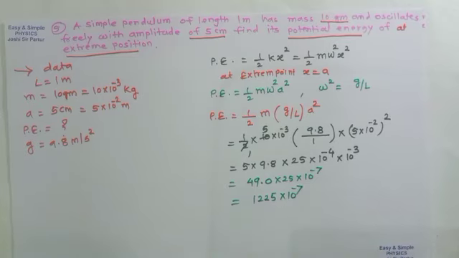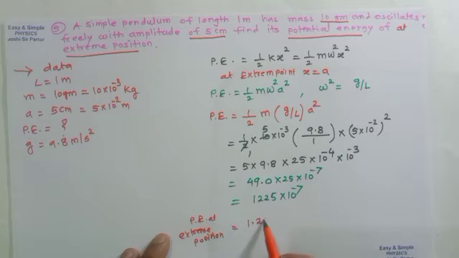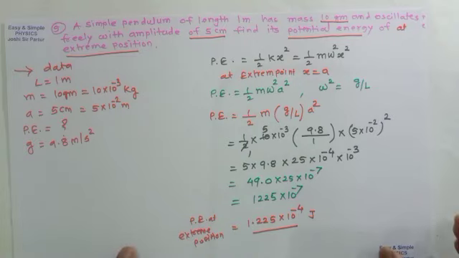If we shift the decimal point here, the potential energy at extreme position will be 1.225 into 10 to the power minus 4 joule. It will be the answer for the given example.